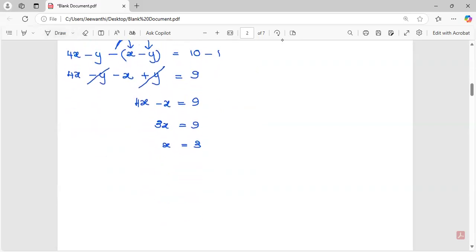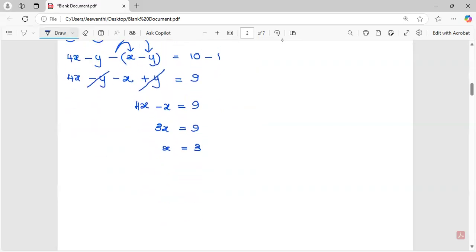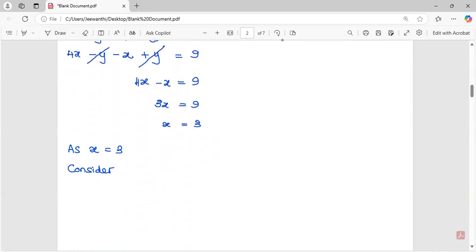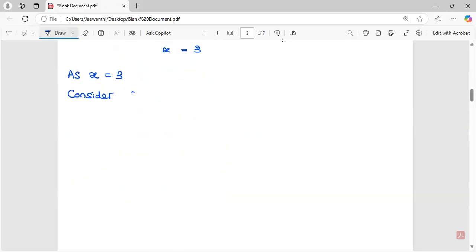Now, after finding the x value, what is our next step? I'll write x is equal to 3, then I want to consider another equation. I get x minus y, it is easier for me. x minus y is equal to 1, right? Consider equation 2, x minus y equal to 1.